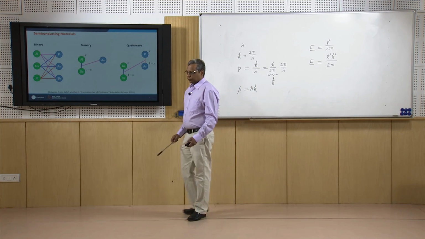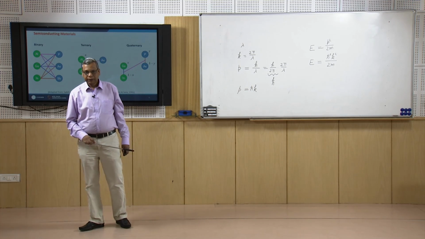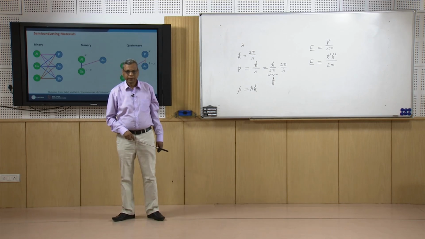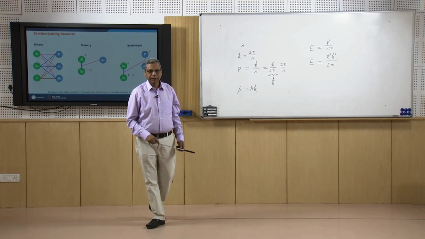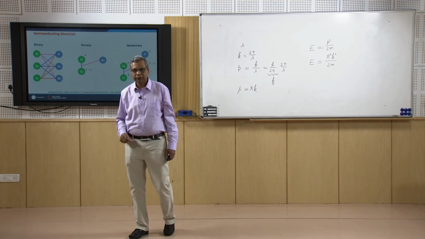Apart from silicon and germanium, these kinds of semiconductors which have just one element from the fourth group, I can make semiconductors by mixing elements from the fifth group and third group.